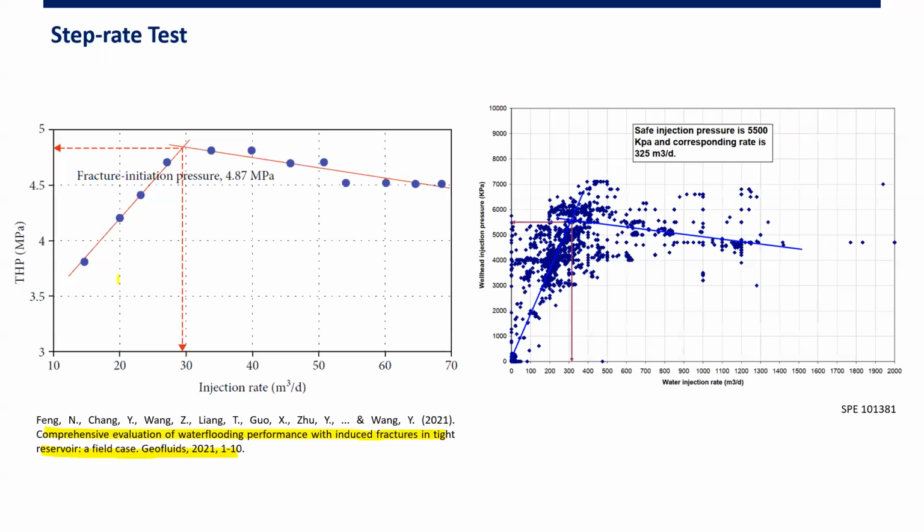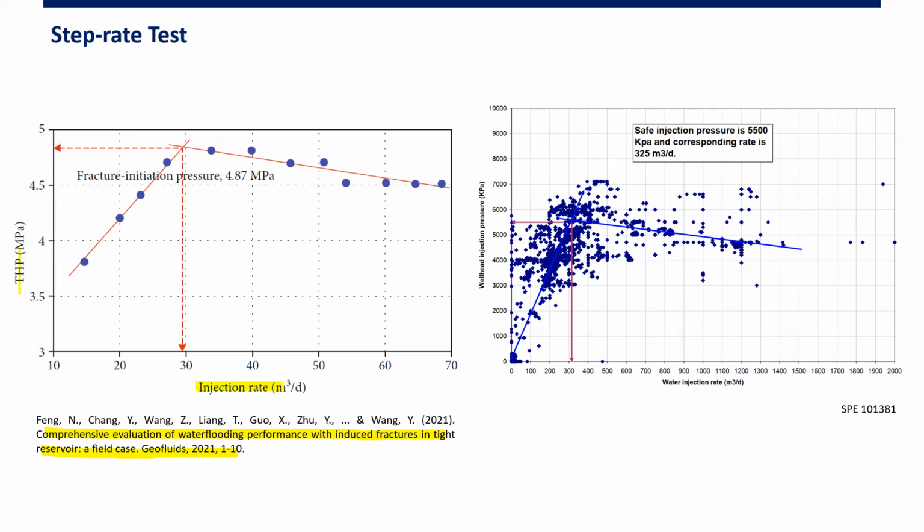And you can see here we have 12 dots that describe the wellhead injection pressure against the injection rate.